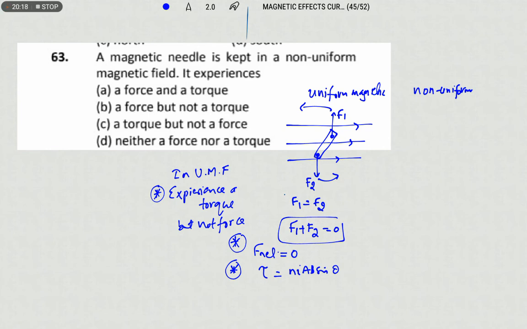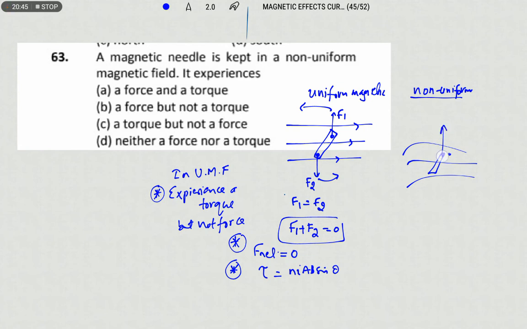So then what about the non-uniform magnetic field? What is meant by a non-uniform magnetic field? The field intensity is different at different points. Due to the different magnitudes of the field, the field lines are not parallel to each other. They will have a different pattern, and the field will be different at different locations.